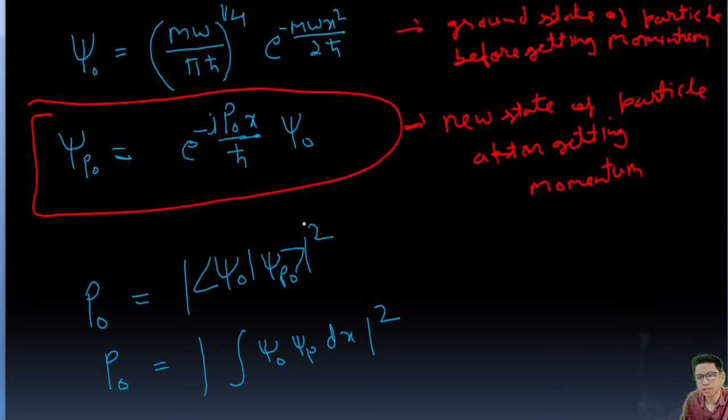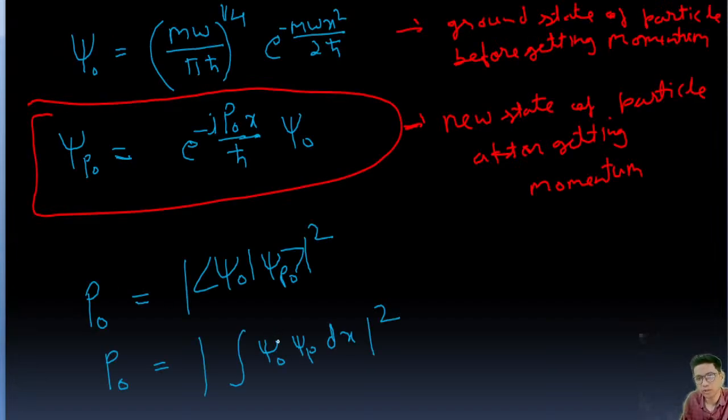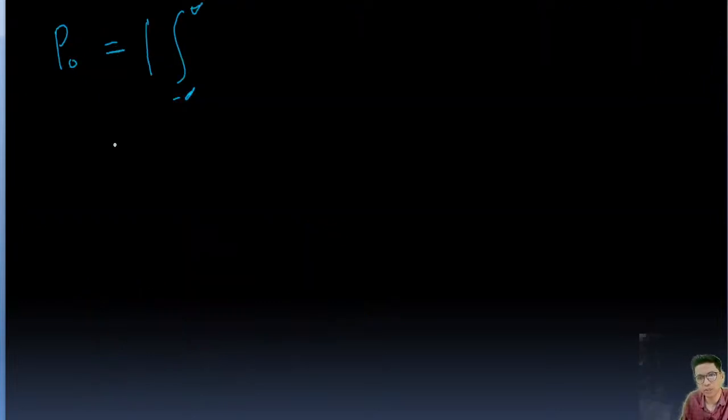Or we can write this as mod square of the integration from minus infinity to plus infinity, where psi naught value we know, this is the psi naught value, this is the psi p naught value, right?